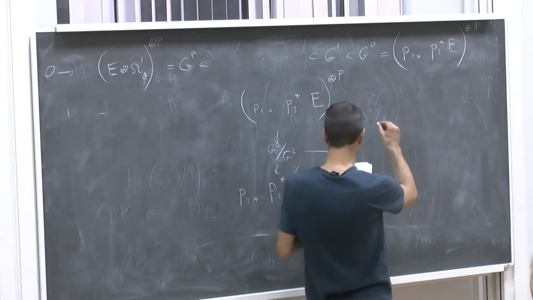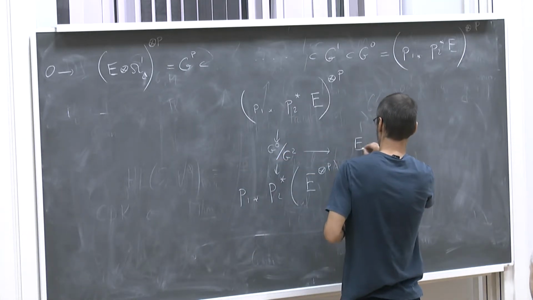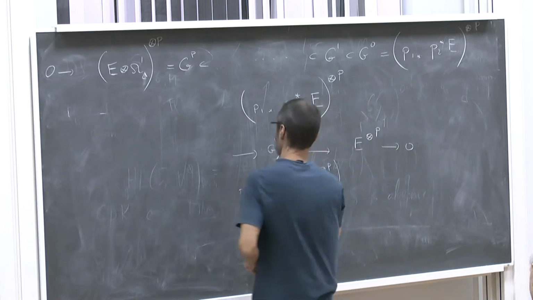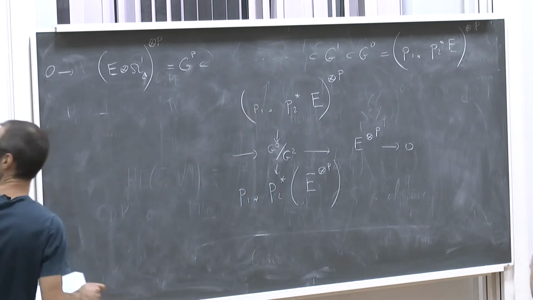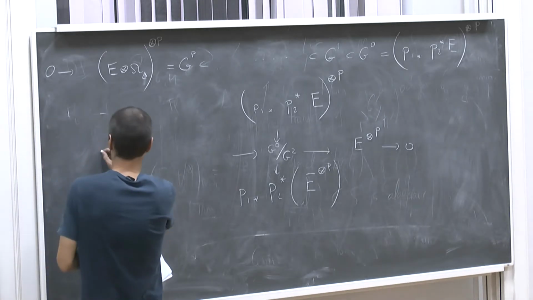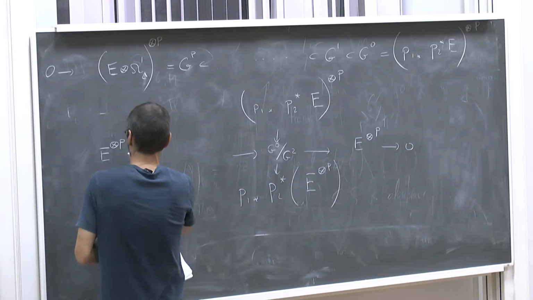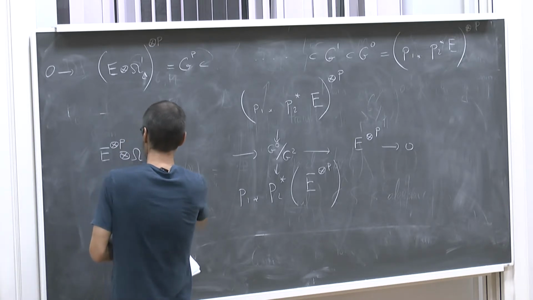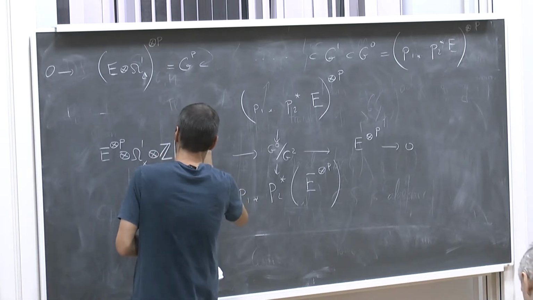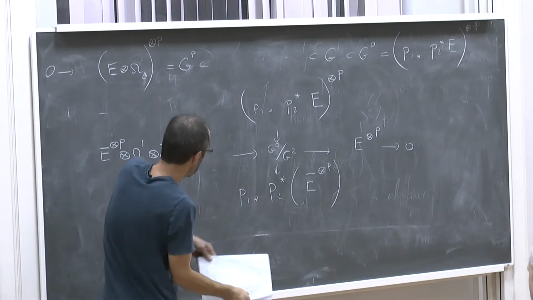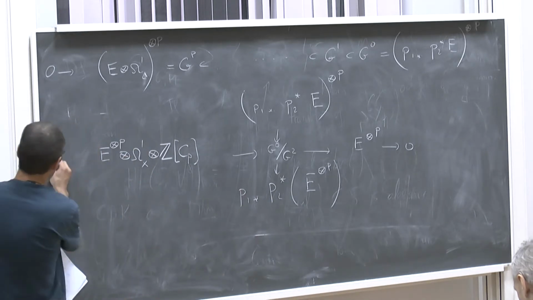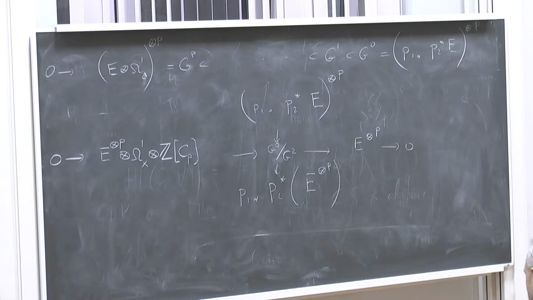It has a map to E to the p-th standard power of E. And the kernel, so this is G0 modulo G1, and the kernel is G1 modulo G2, which is the p-th standard power of E, tensor with omega 1, and tensor with the free representation of the cyclic group C_p. There is an action of C_p everywhere. And so I have this short exact sequence.